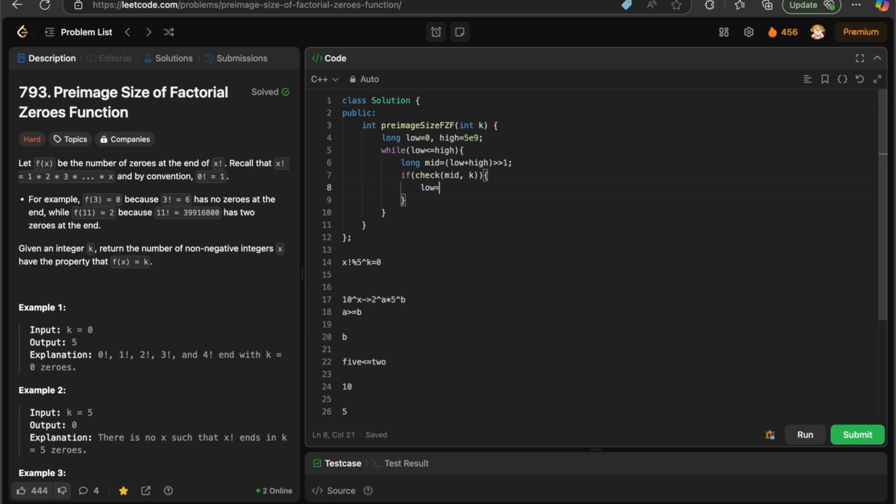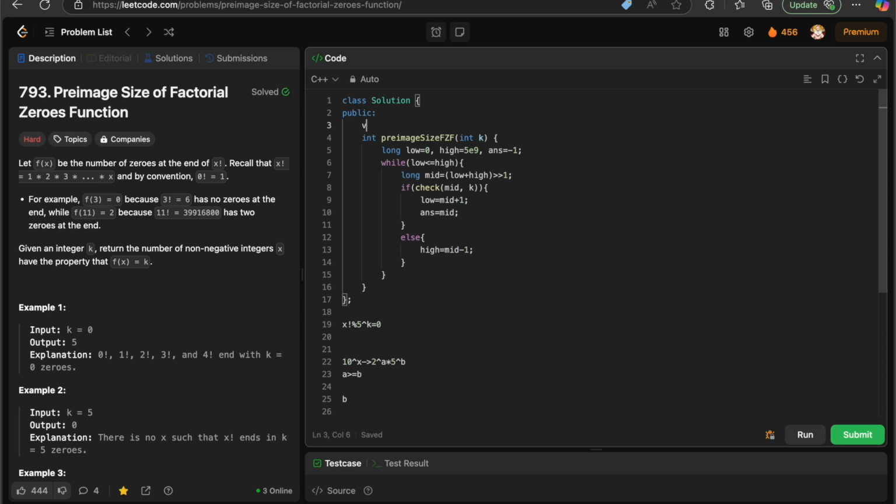Then we update low with mid plus 1, and we update our answer equal to mid, and here we can also declare our answer initially equal to -1. Else we update high equal to mid minus 1. And here we create a bool check function, which takes mid and k.